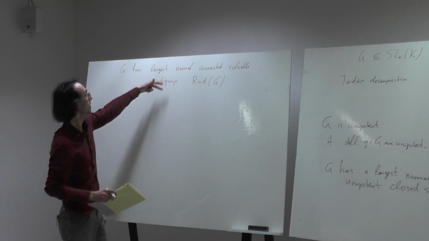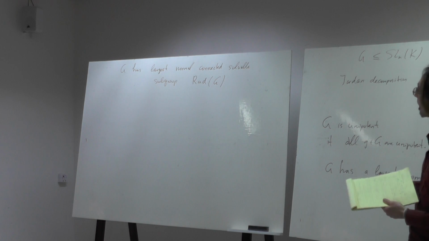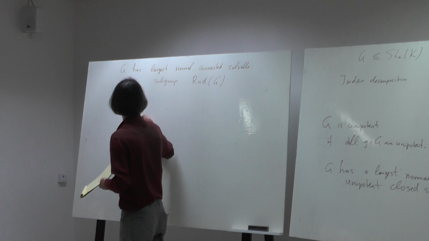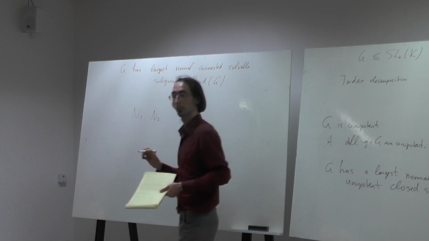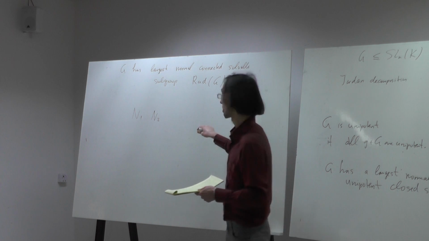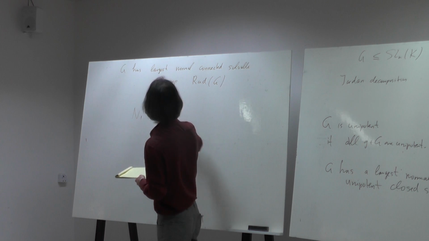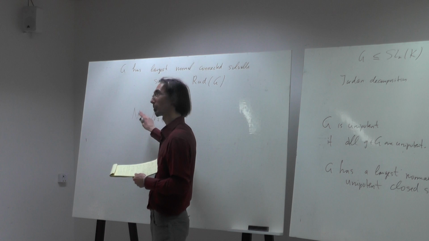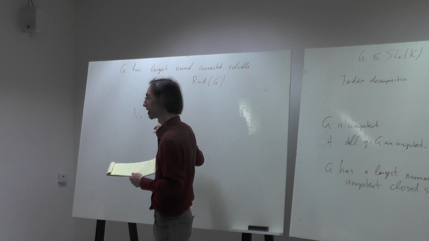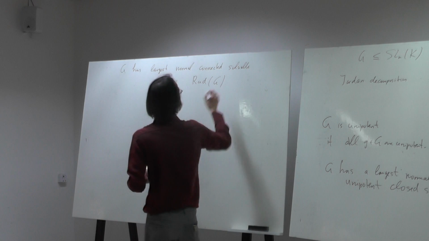Certainly there's a bound on the dimension of the subgroups of G, so take the solvable connected normal subgroup of largest dimension, and I claim it contains everything, because if there were two of them, I take the product. Now this is a subgroup because they're both normal. It's constructible, which is automatically connected, and it's normal because the product of two normal groups is normal. And it's solvable because the product of two solvable normal subgroups is solvable.